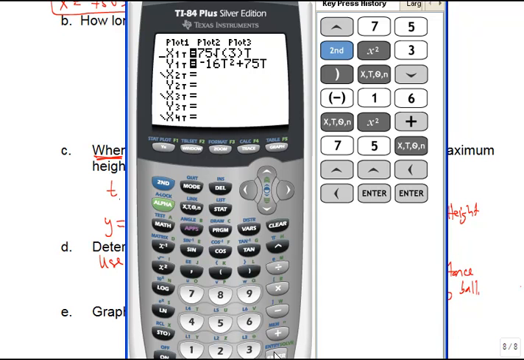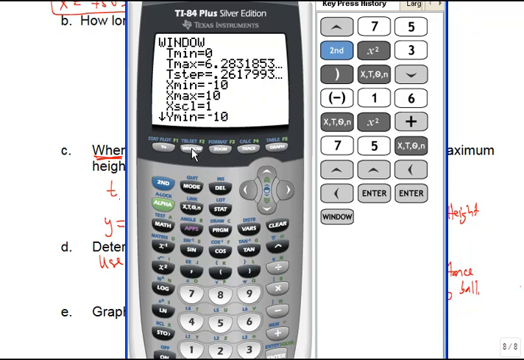But before we graph, we need to set up our window. So let's go to our window, and we're going to want to adjust our t's here a little bit. Let's let our t start at 0. And what was our maximum time that we had? Remember, the ball hit the ground at 4.6875 seconds.